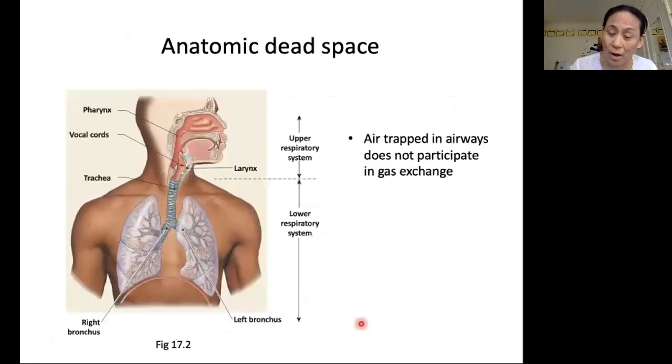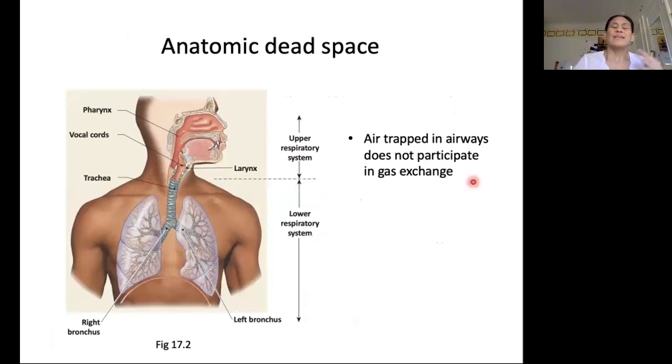And this is why. The reason that total pulmonary ventilation is not the best measure of respiration is that when we breathe, we trap air in our airways, and that air that gets trapped in our airways does not get to participate in gas exchange.